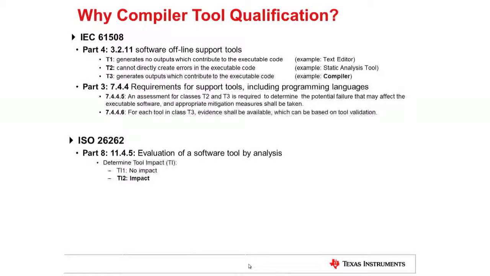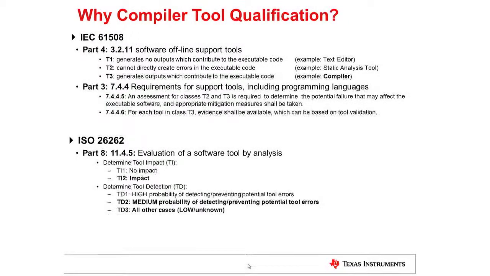In the Automotive Safety Standard, ISO 26262, it is similar. Tools are categorized as either TI1, having no impact, or TI2, having impact on the safety function. Then you determine the tool detection level, or TD, for detecting or preventing potential errors.